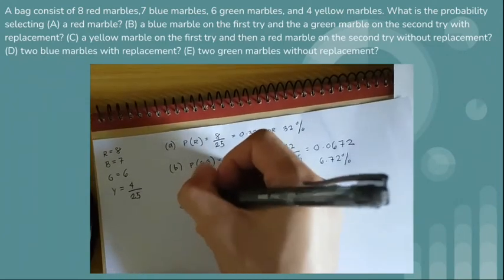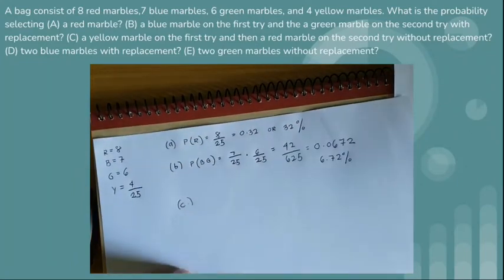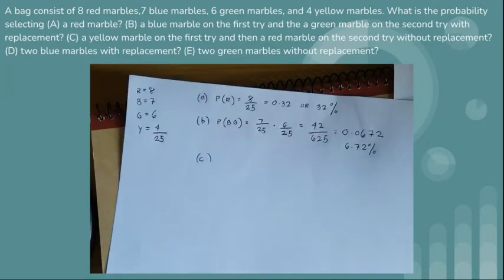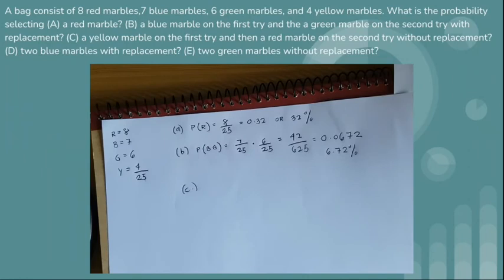So, next question. What is the probability of selecting a yellow marble on the first try and then a red marble on the second try without replacement? So, dito sa pangatlong problem natin, dependent event na siya. Kasi, pagkabunot mo ng yellow, yung mabubunot mo, hindi mo na siya ibabalik.